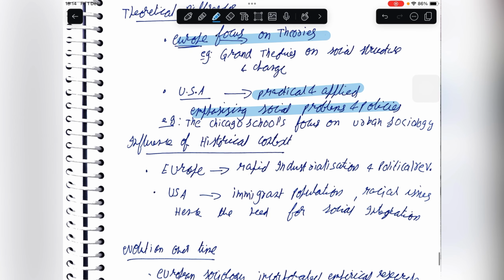Influence of historical context. In Europe, the emergence of sociology was due to rapid industrialization and political revolution, but in the USA, sociology emerged because of the immigrant population and racial issues.